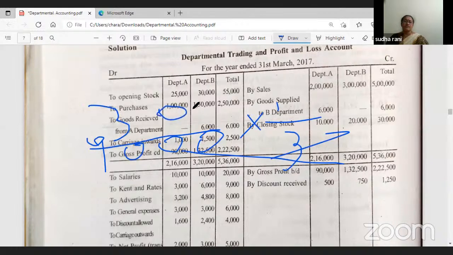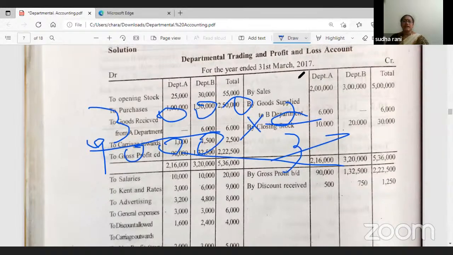So 3,000 for department A. And department B is 2/3, which means 6,000 for department B. See here, rent and rates 3,000 and 6,000, right?